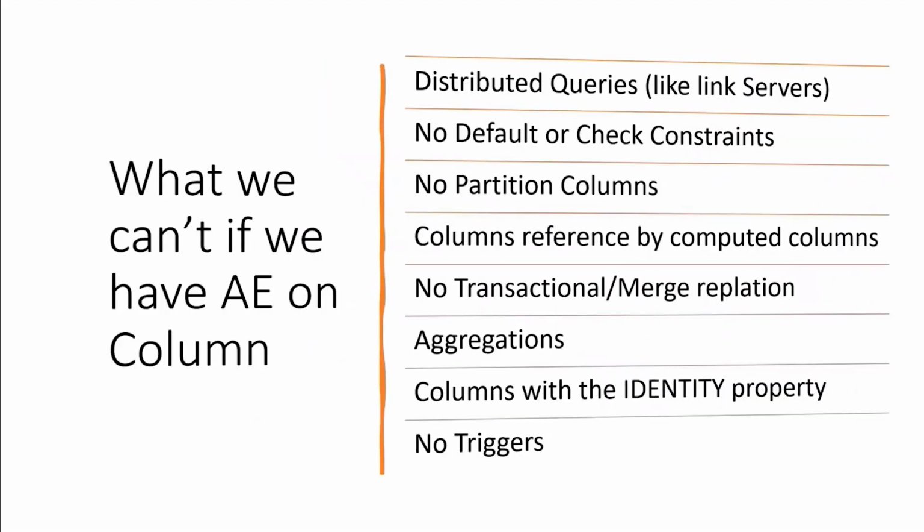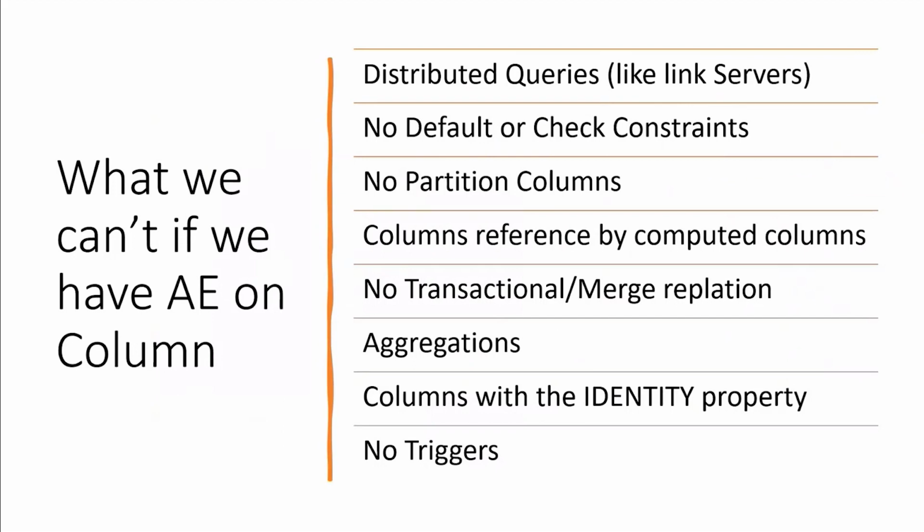Then with that, when using some features, we have to think and lose a few features of SQL Server while doing the operation. So before applying the encryption, be sure that these are things you do not need on those columns.